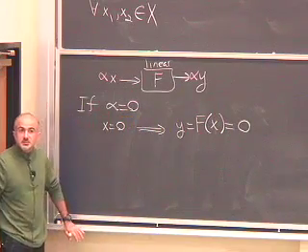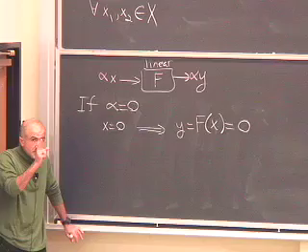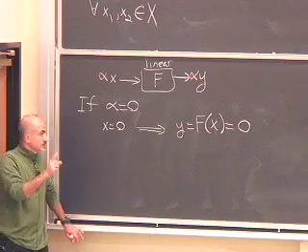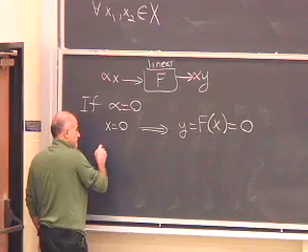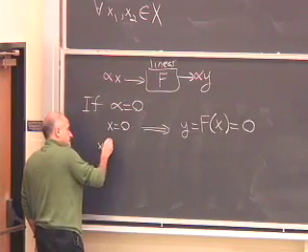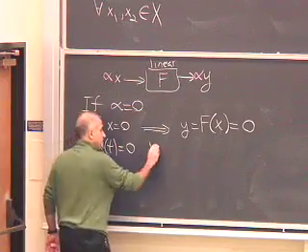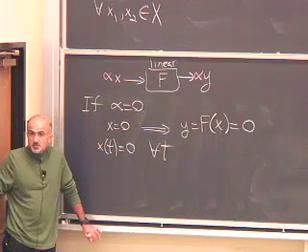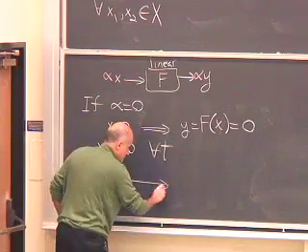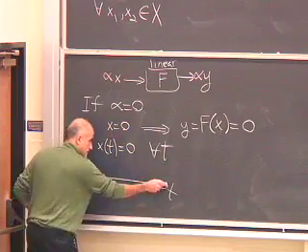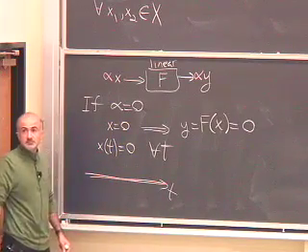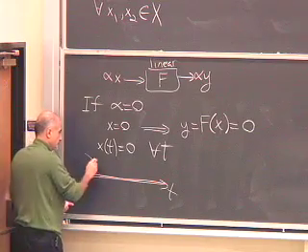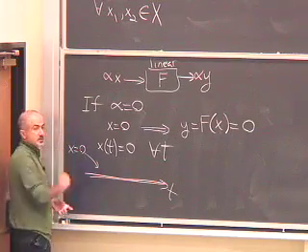When we say a signal is 0, we're not talking about just one instance in time. When I say x is 0, that means x of t is 0 for all t. That's what it means. When I plot it, that's what I get. Okay? That's what it means to be looking at a 0 signal.